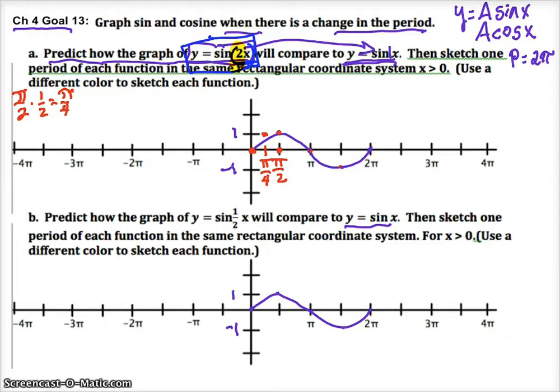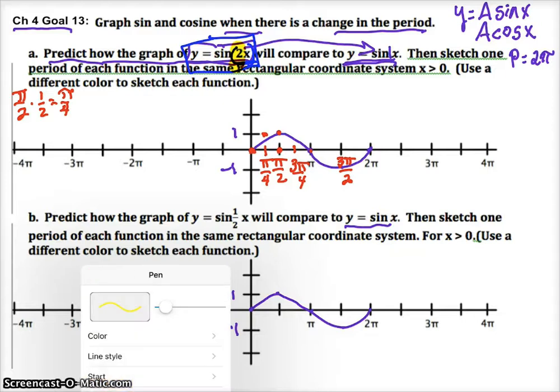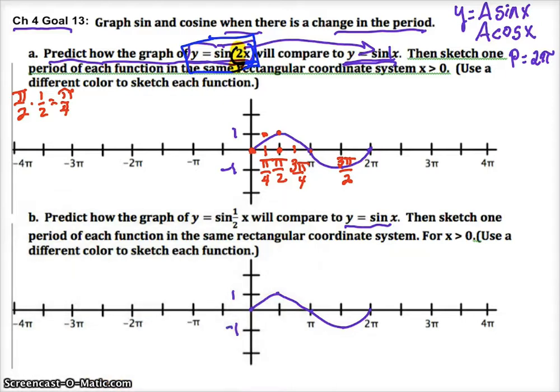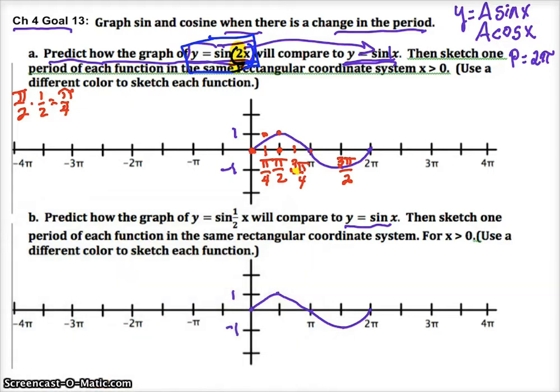The x coordinate that is halfway between pi and 2 pi we know is 3 pi over 2. Half of 3 pi over 2 is 3 pi over 4. And then lastly, if we take 2 pi and cut it in half, that shrinks down to pi.